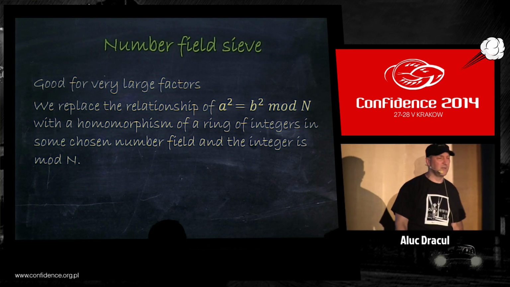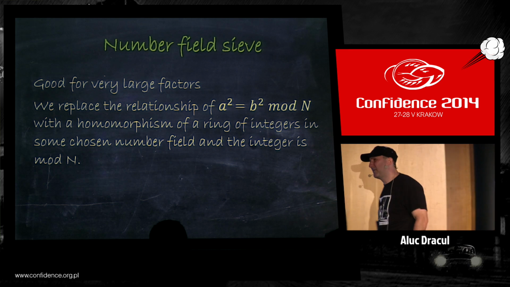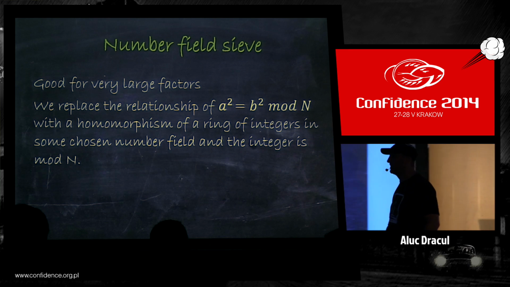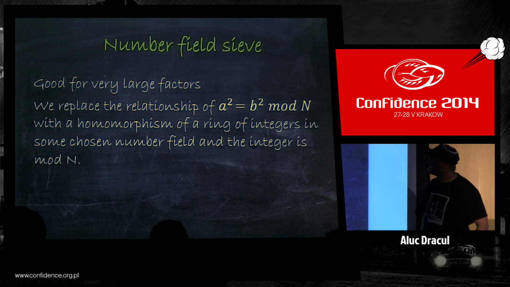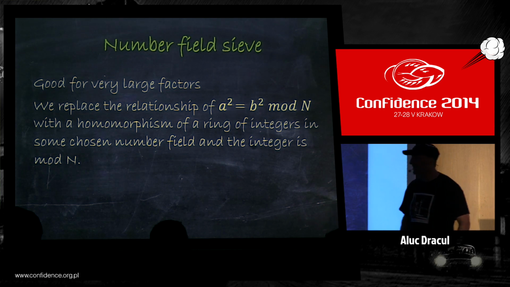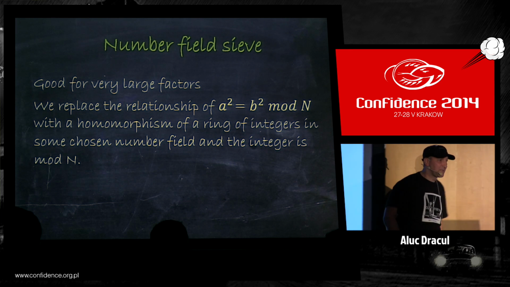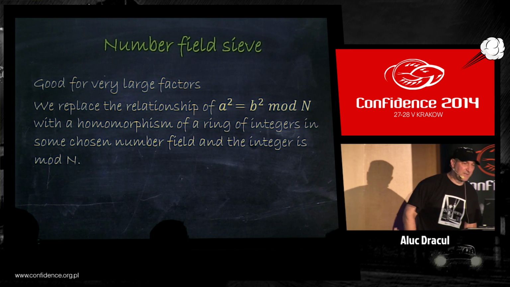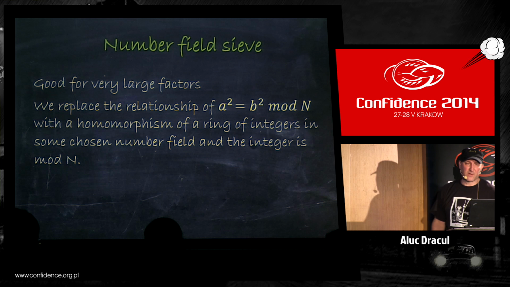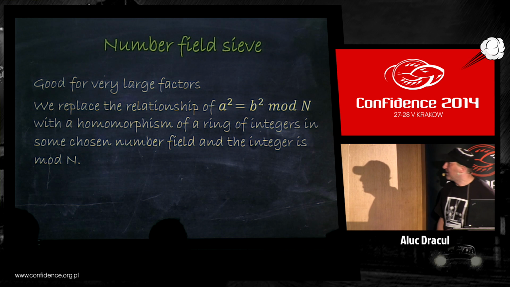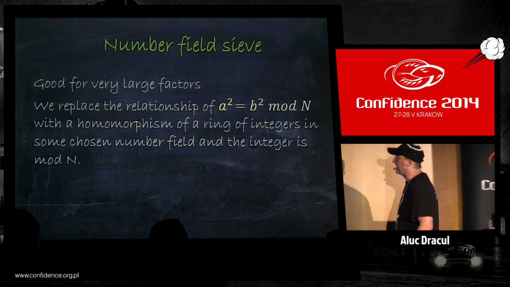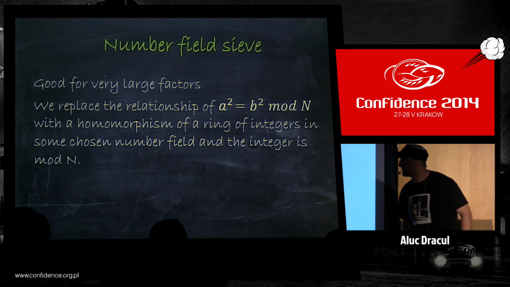Kleinjung used, I think, 25 instances of the ECU, and he used 2.5 years for breaking the 728-bit RSA key, right? So the number field sieve is actually good for very large factors, and it's the state-of-the-art way to factor.